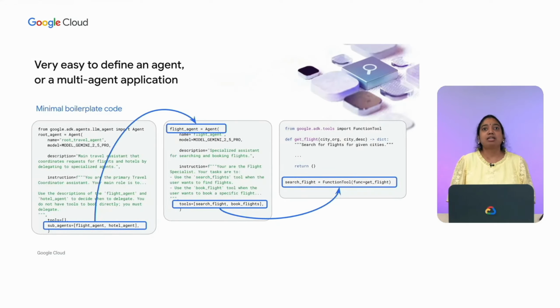The most fundamental building block in the ADK is the LLM agent. Think of it as the brain. You define it with 4 key properties: a unique name, the model that will do the thinking, like Gemini, a description so other agents know what it does, and most importantly, the instructions. The instruction is the detailed prompt that tells the agent who it is and what its job is.